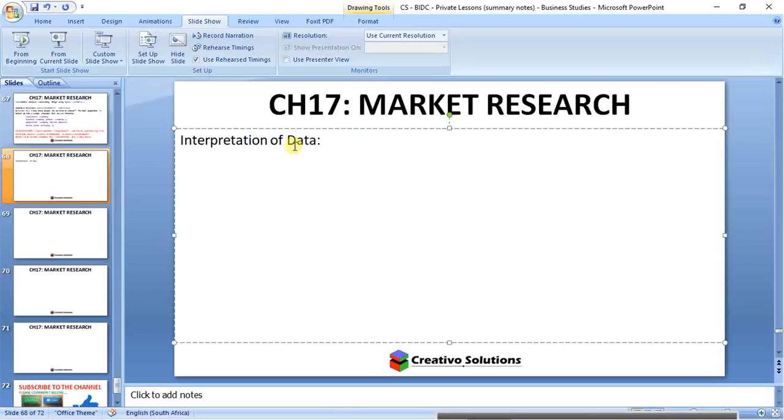Alright, this is an important heading because I see there are some calculations here. Interpretation of data, brackets C maths/stats. Number one. Yes, interpretation of data. There are quite a few: there's mean, there's median, those type of things.